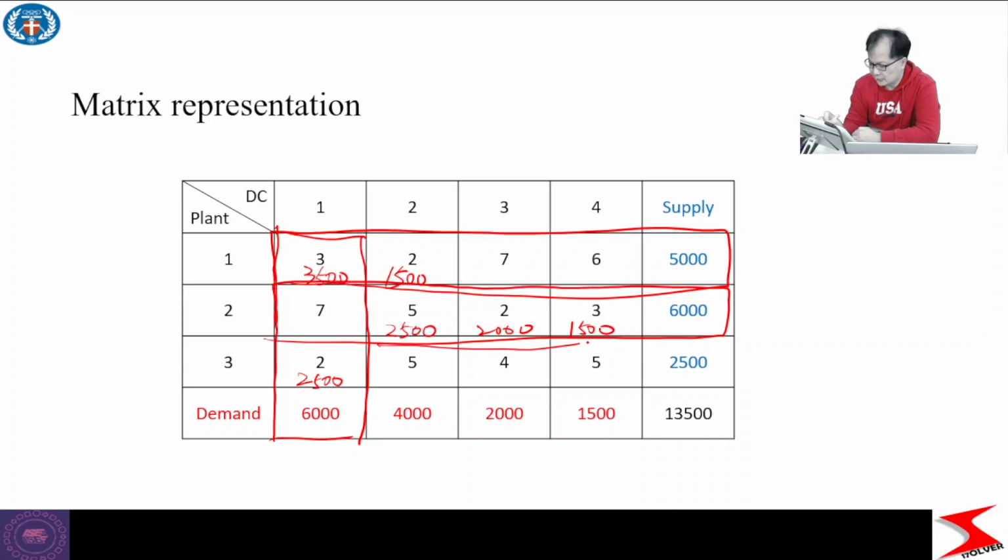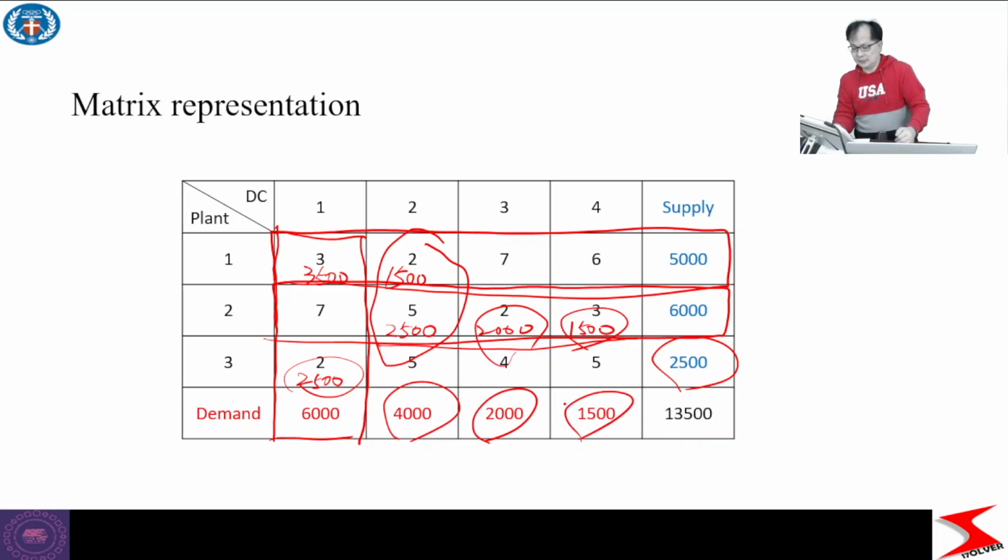These three numbers added together is 6,000, so it's okay. We added these two equal to 4,000, and this one is 2,000, this one is 1,500. So the result is totally correct.